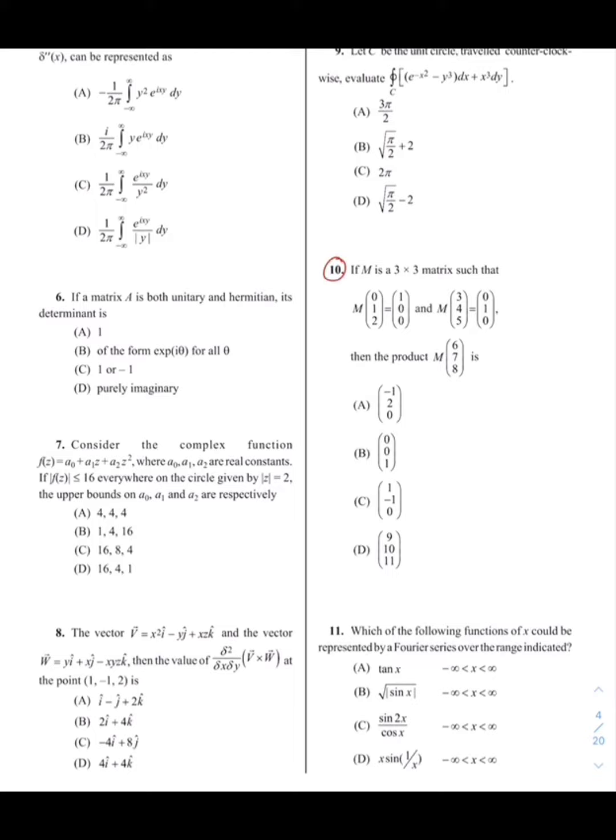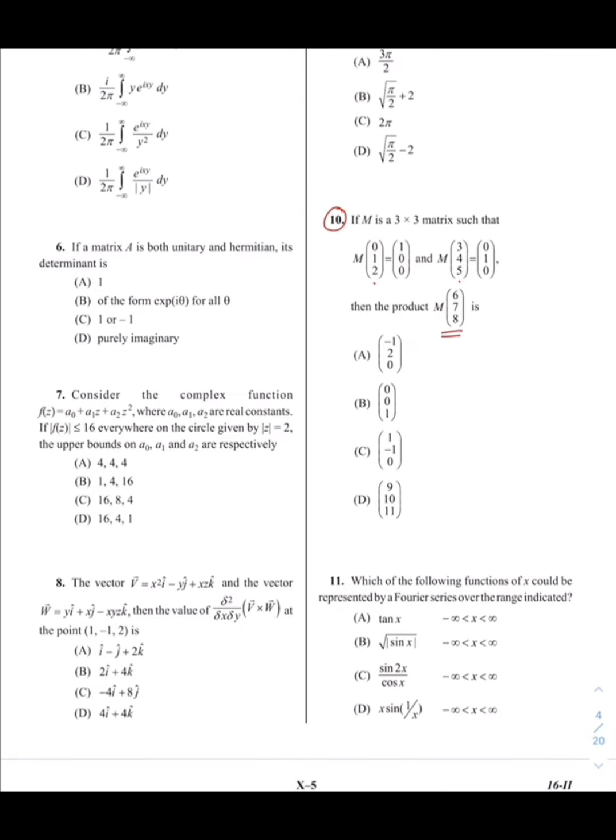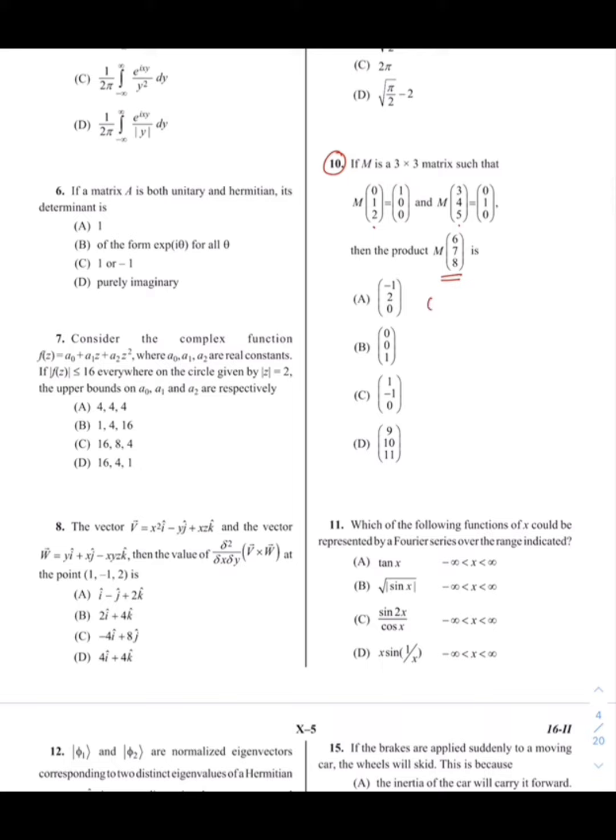In this problem, M is a 3 cross 3 matrix such that it transforms these vectors in this way. We have to find this quantity. So we first write this column vector in terms of these two. One can see that this is equal to 2 times (3, 4, 5), which is equal to (6, 8, 10), minus (0, 2, 0, 1, 2).